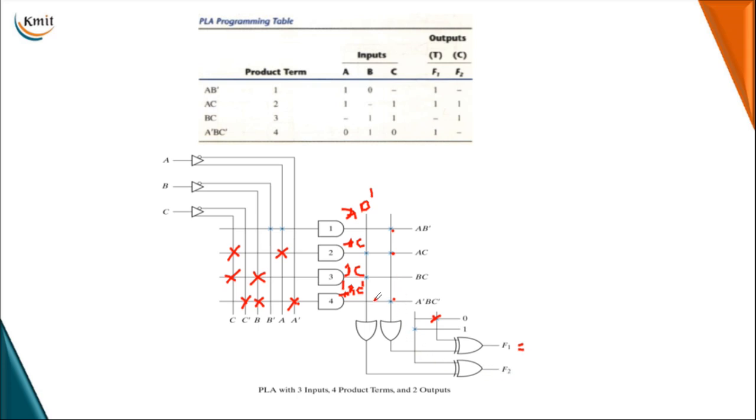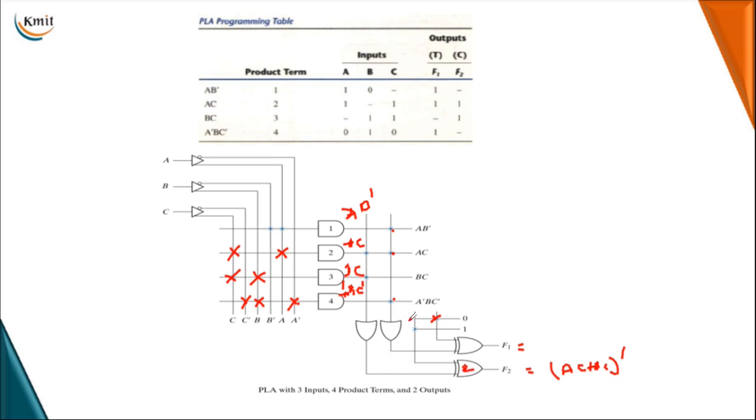So only the two product terms AC and BC are connected, and in order to obtain the complement value F2, we put logical ones on your AC and BC. The second input is connected to logical one, which implements the complement of (AC plus BC) whole bar. So F2 is implemented by taking the output from this second exclusive OR gate.